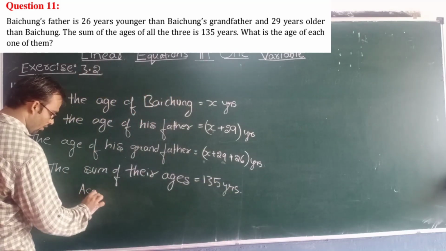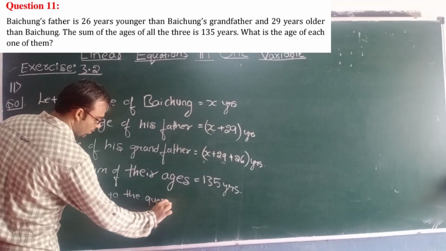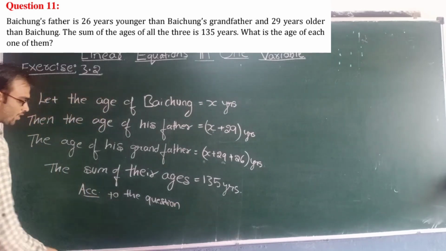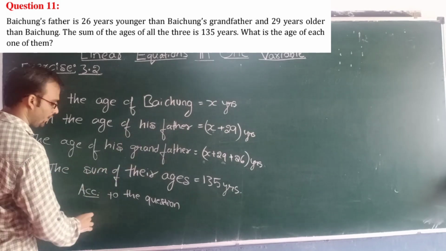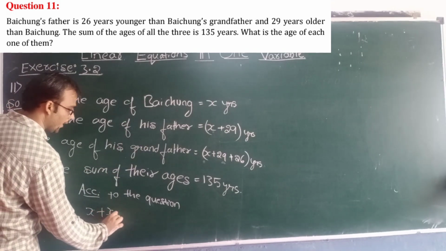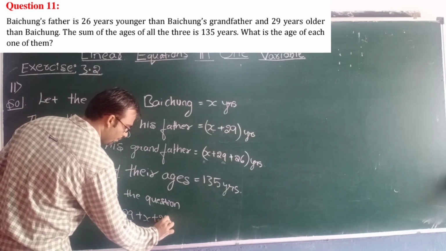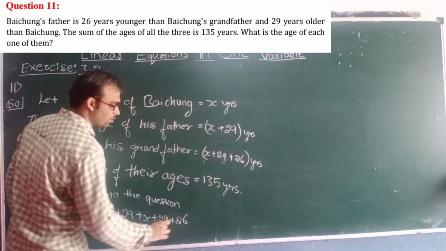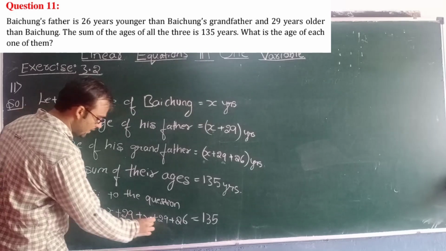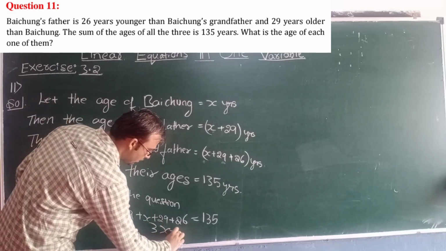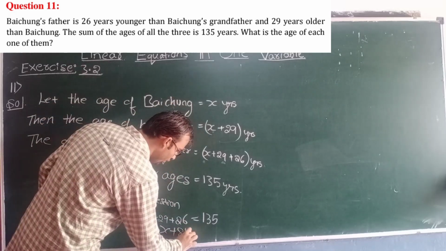According to the question, I will write a shortcut. The sum of the ages of the 3 is x + (x + 29) + (x + 29 + 26) equals 135. Now x plus x plus x is 3x, plus 29 plus 29 plus 26, how much? 84.